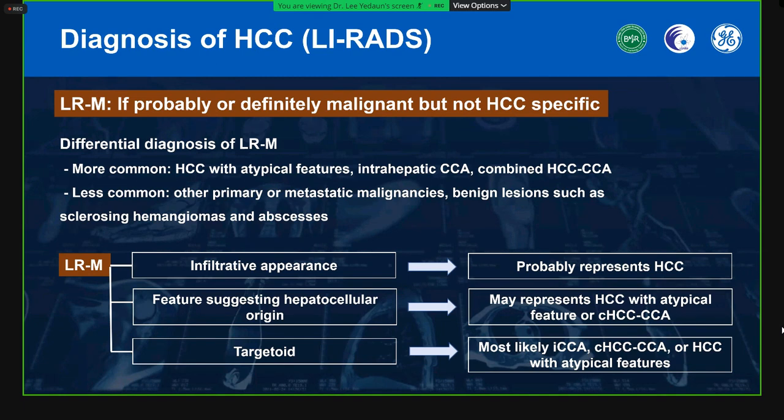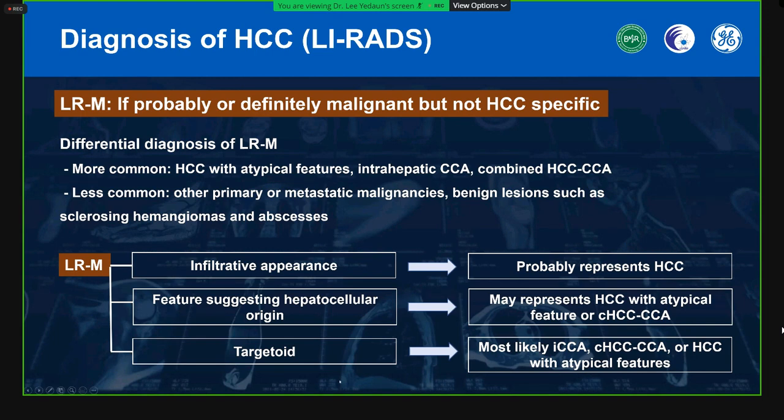Targetoid appearance is characteristic of intrahepatic cholangiocarcinoma, combined HCC and CCC, and other non-HCC malignancies. However, it can be seen in HCC with atypical features. Therefore, targetoid appearance suggests non-HCC malignancy, but does not completely exclude HCC.